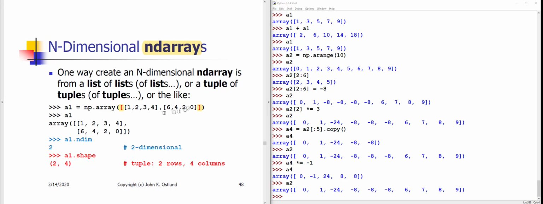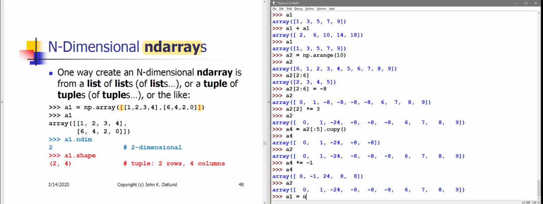Now, it is necessary for an ND array to have full, complete rows and columns. You can't create an ND array that has 4 items in the first row and 2 items in the next row. They have to be all the same dimension. So let's do this.